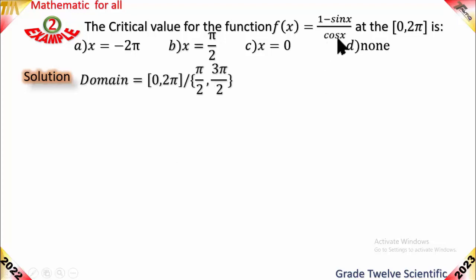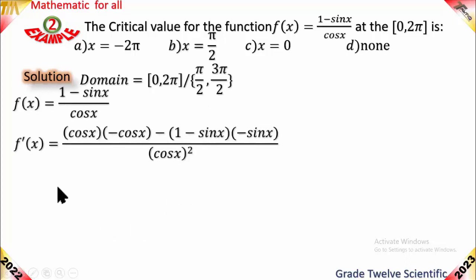Cosine is 0 at 90 and 270 degrees, or pi over 2 and 3 pi over 2. Therefore, the domain is the interval from 0 to 2 pi except pi over 2 and 3 pi over 2. And now take the first derivative.